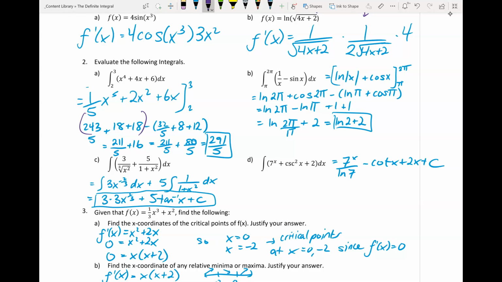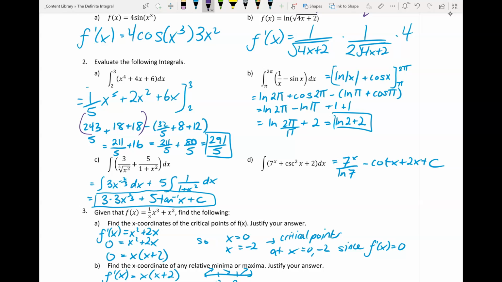For b, we're going to take the antiderivative of 1 over x, and that's going to be ln of the absolute value of x. The antiderivative of sine is negative cos, so the double negatives will cancel out to get a positive, and then we would have to evaluate it from pi to 2 pi.